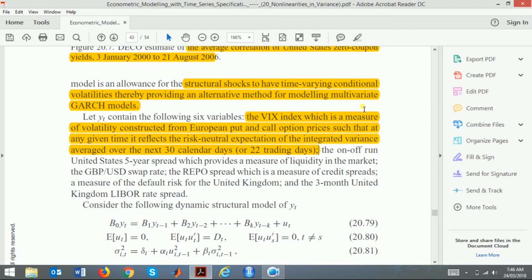So taking a 30 calendar day average of put and call option volatility.